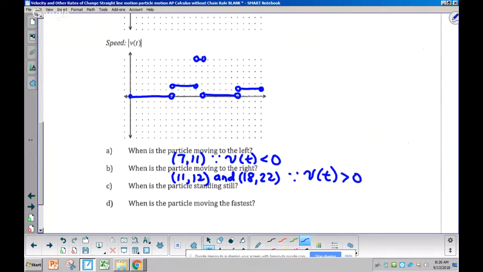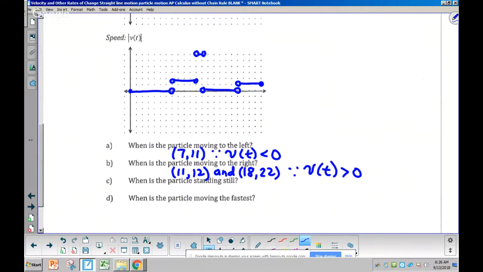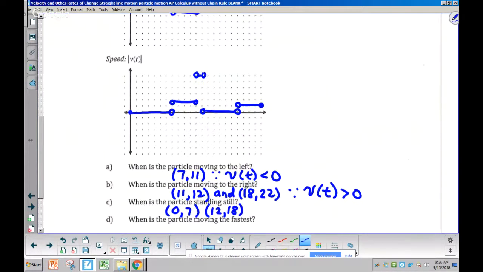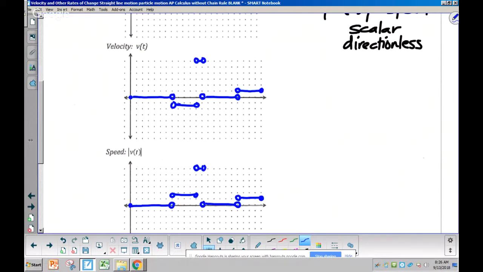And then when is the particle standing still? 0 to 7, 12 to 18, 19 to 22. Whatever the graph says. I'm using 18 on mine, so if you use 19 on yours, that's fine.